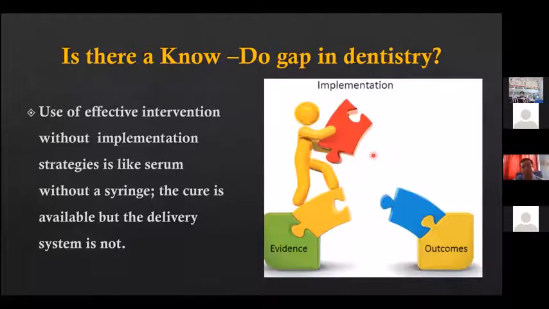Now, if you compare it with the current scenario of COVID, a group of scientists is working on the development of the vaccines. At the same time, a group of experts in the field of community medicine is trying to devise the implementation strategies. So as soon as the vaccine is available, it can be given to the needy people.